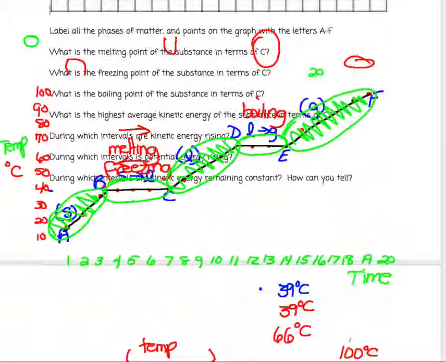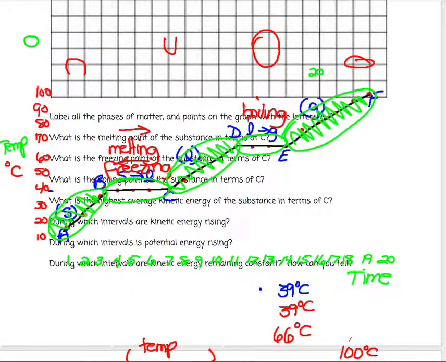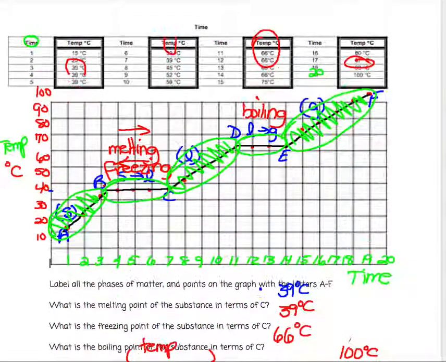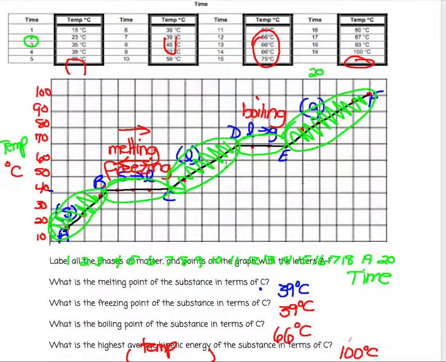Let's see if we can just look. Oh, nope, that was it. Kinetic energy, potential energy, and where is the kinetic energy remaining constant? Well, the kinetic energy is remaining constant when the potential energy is changing, right? Potential energy is changing, so kinetic energy, which is temperature, remains constant on these plateaus.